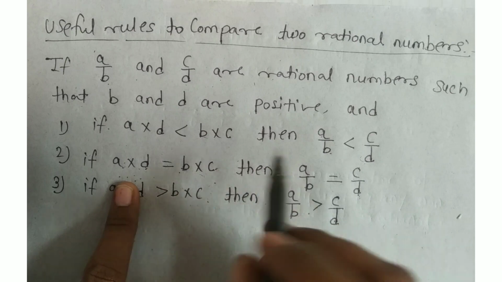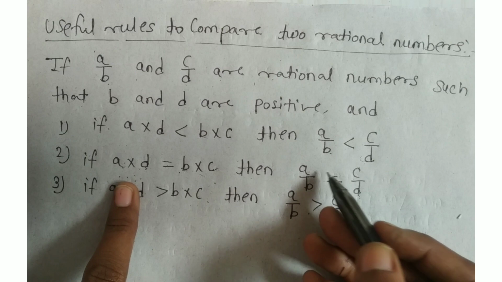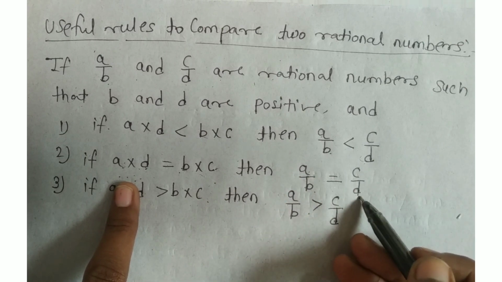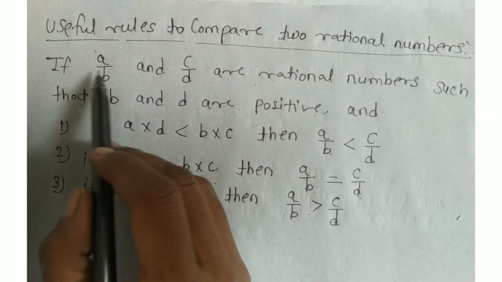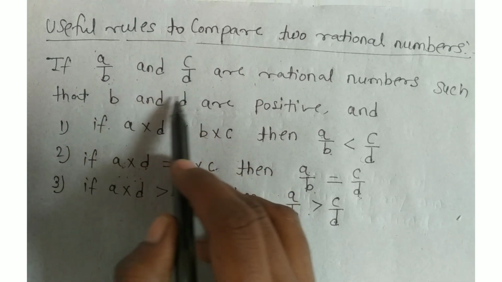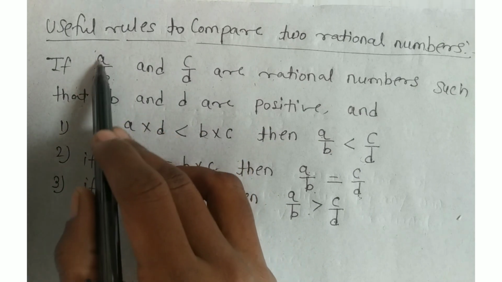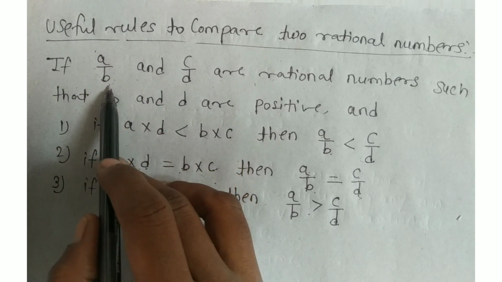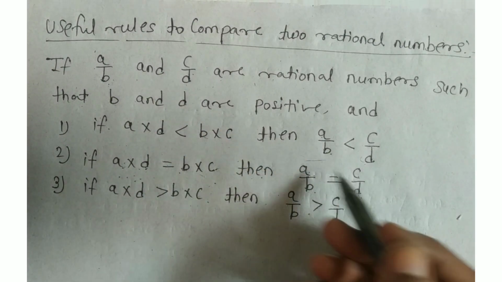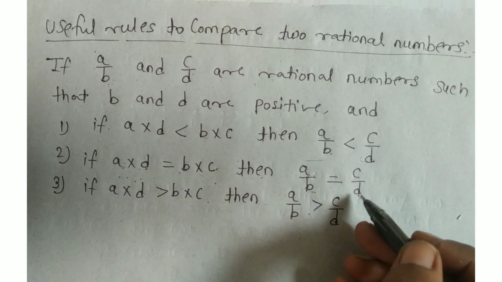But why am I not writing here a upon c equal to b upon d? Because we are comparing the rational number a upon b with the rational number c upon d. That's why I am writing here a upon b is equal to c upon d.